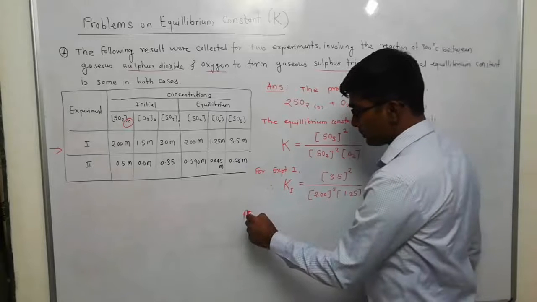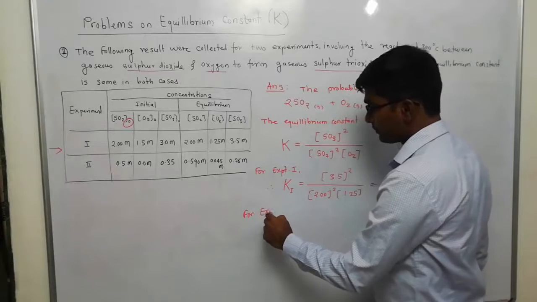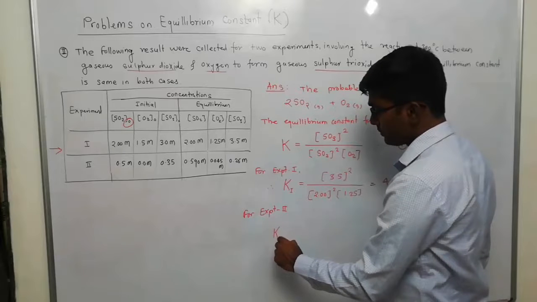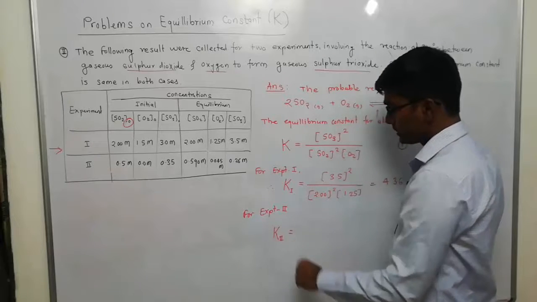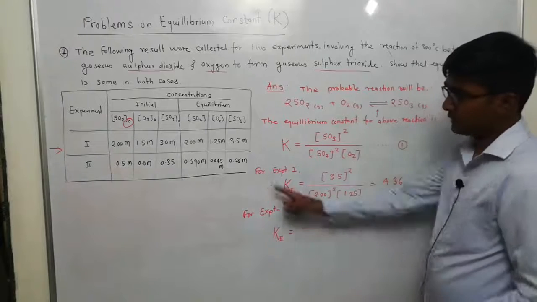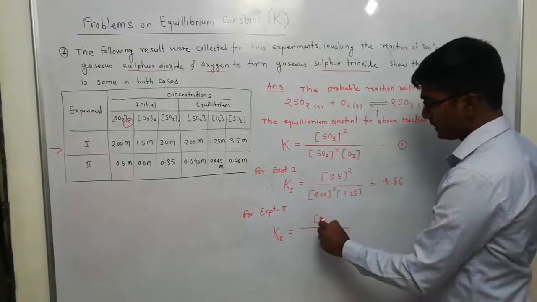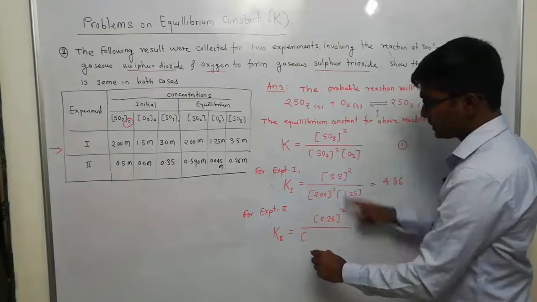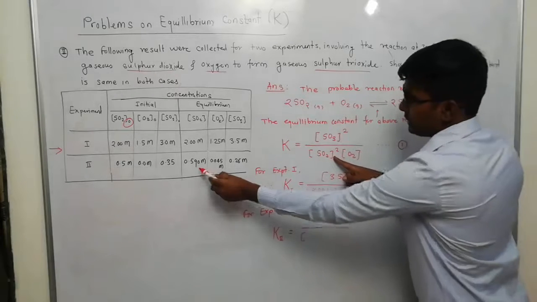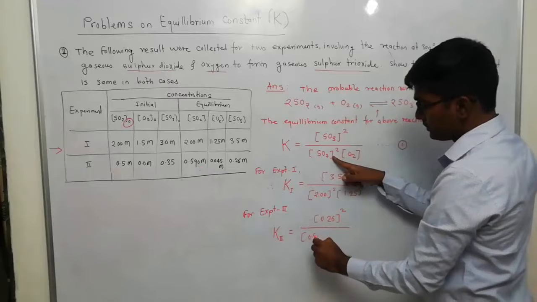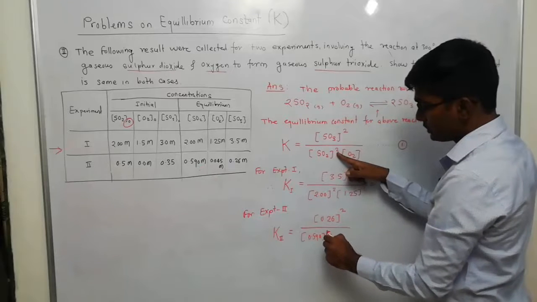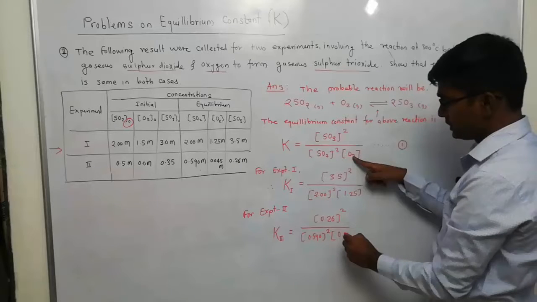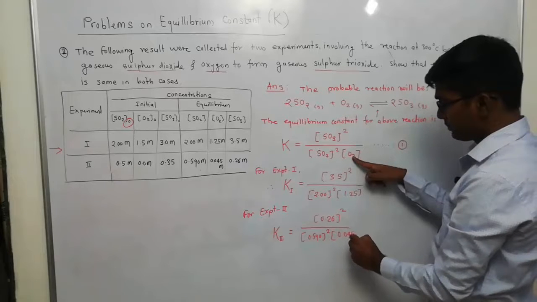Now for experiment 2, let us find the equilibrium constant for the second set. Below that, write down the values: concentration of SO3 is 0.26 squared, upon concentration of SO2 which is 0.590, stoichiometric coefficient is 2, and concentration of oxygen is 0.045.